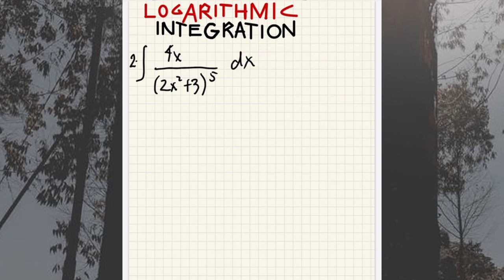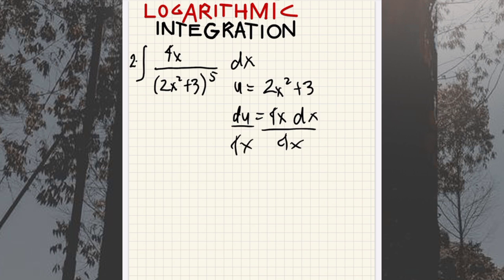So we'll now use u substitution: u is equal to 2x squared plus 3, du is equal to 4x dx, and divide both sides by 4x. The 4x will be cancelled out, so dx is equal to du over 4x.